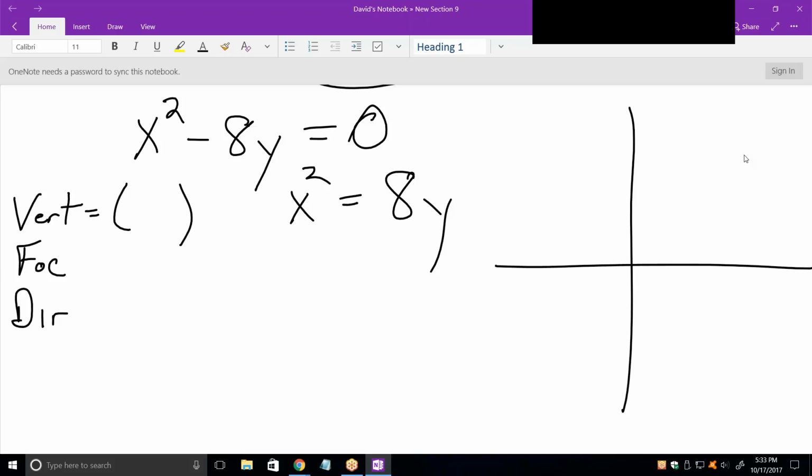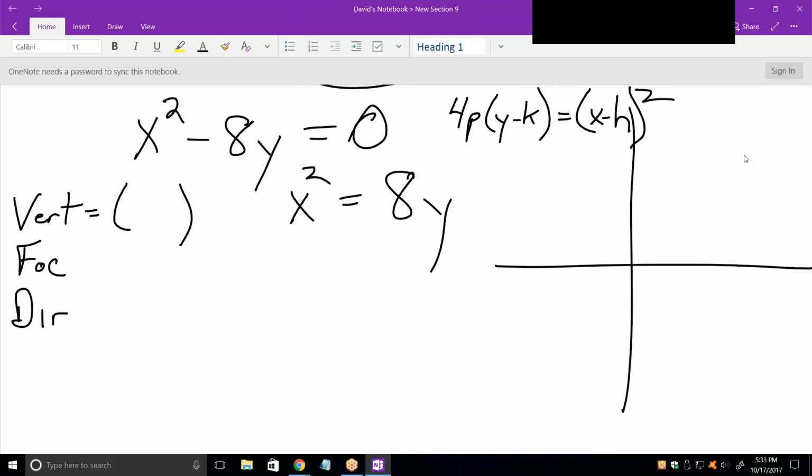Here's the standard format. 4p times y minus k, which is the y-coordinate of the vertex, equals x minus h, which is the x-coordinate of the vertex, squared. There is the general format for a vertical parabola.